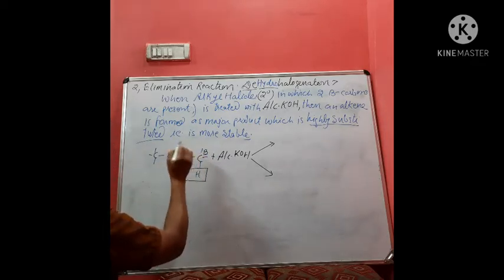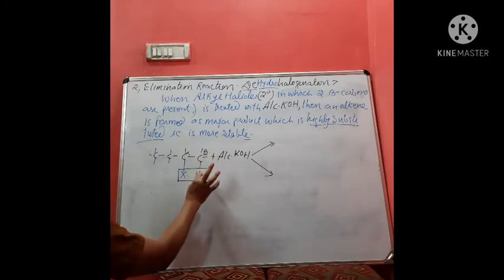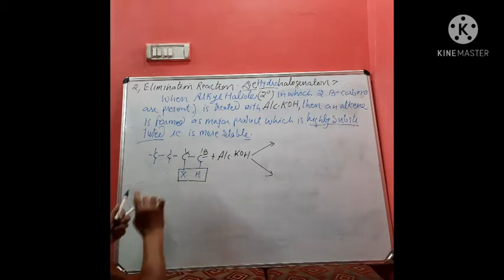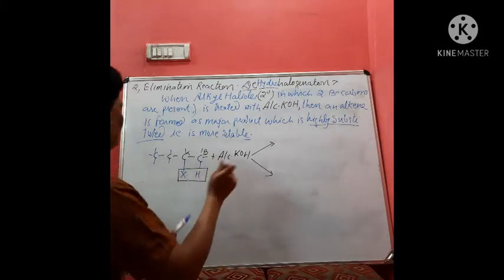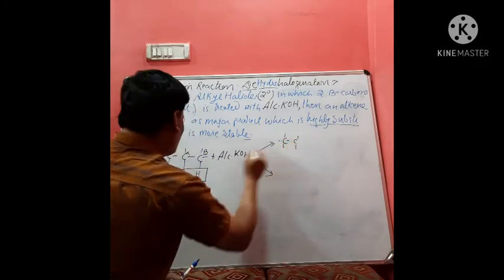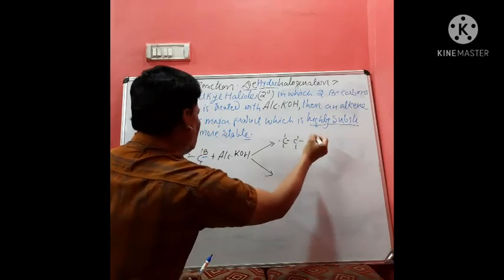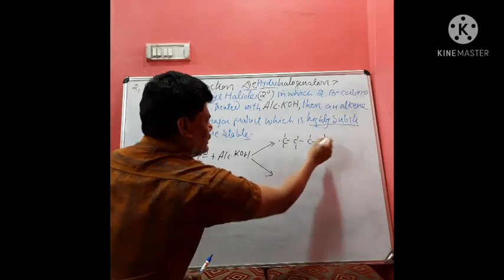This one is our alpha, this one our beta. Then the elimination of hydrogen will take place from this position, means the compound will be CH3, this is CH2, and this is CH, and this is CH2.